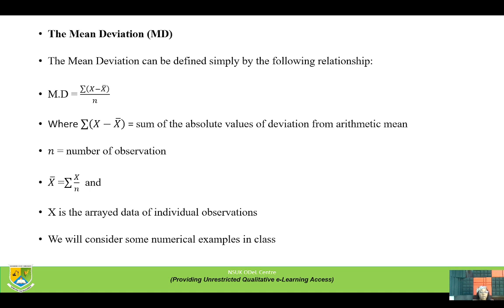That's the sum of all observations in x divided by the number of observations. x is the arrayed data of individual observations.